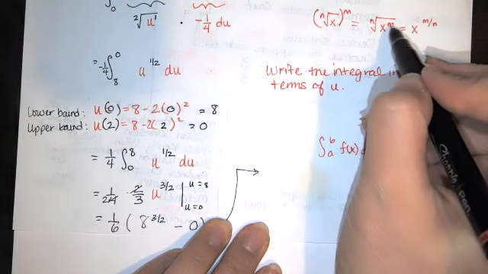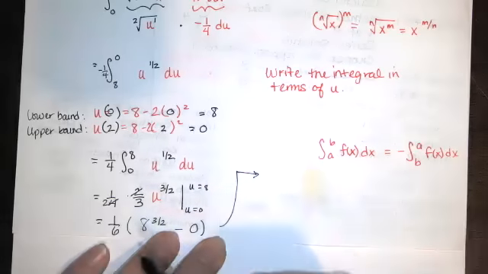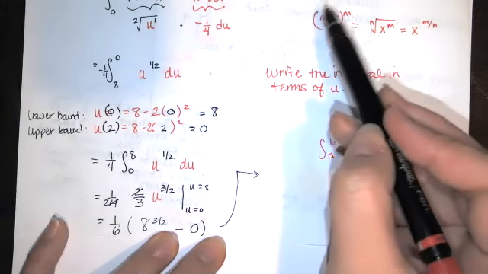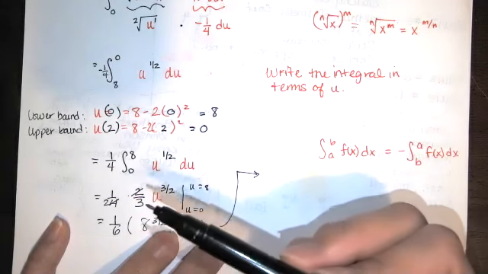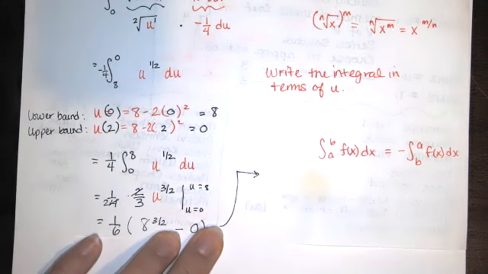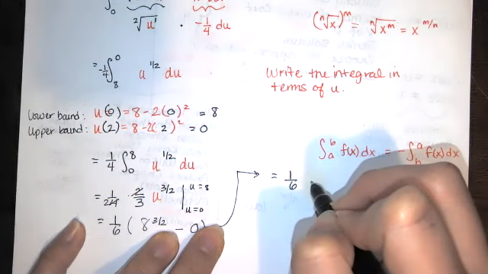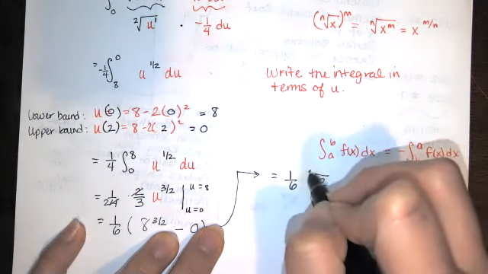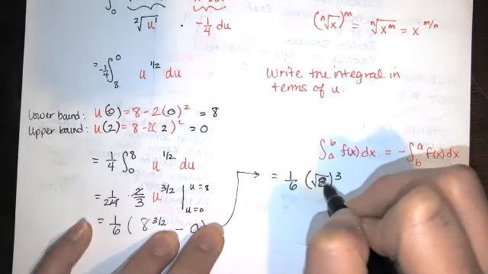So you can raise it to the power first and then take the root, or you can take the root and then raise it to the power. If I'm doing arithmetic, I almost always like to do this because taking that nth root is going to make it smaller, and then I'll be raising a smaller number to a power, which makes the arithmetic easier. So we're going to take 8 and take the square root of that, and then we're going to cube it. Oops, not the square root of 2, the square root of 8.